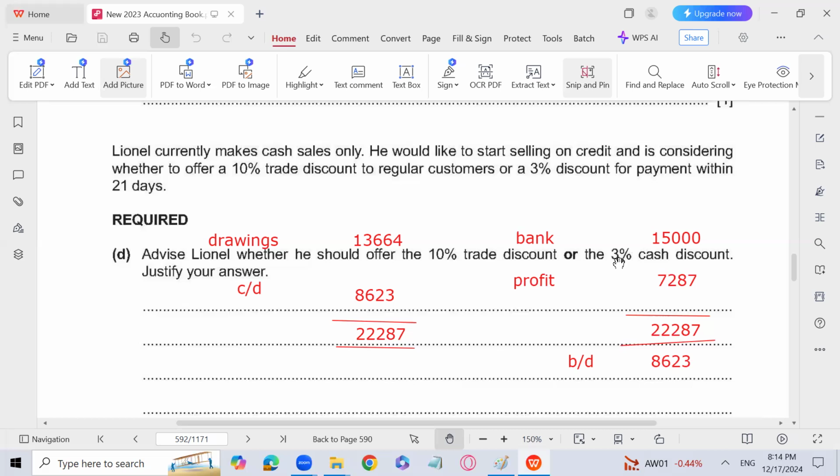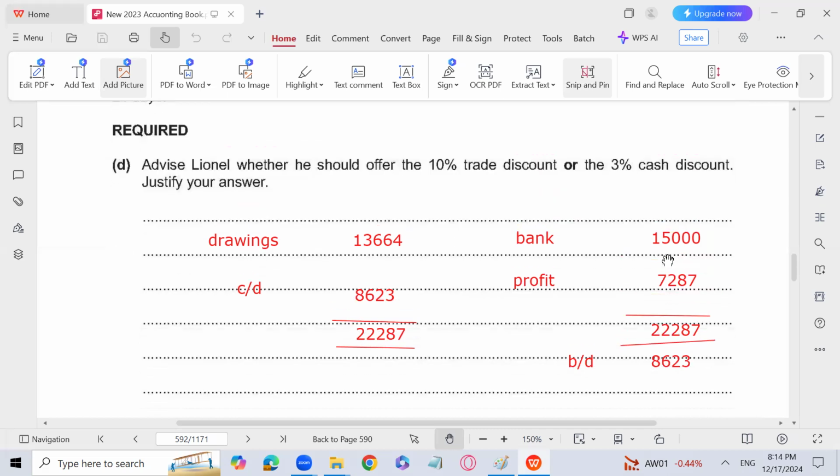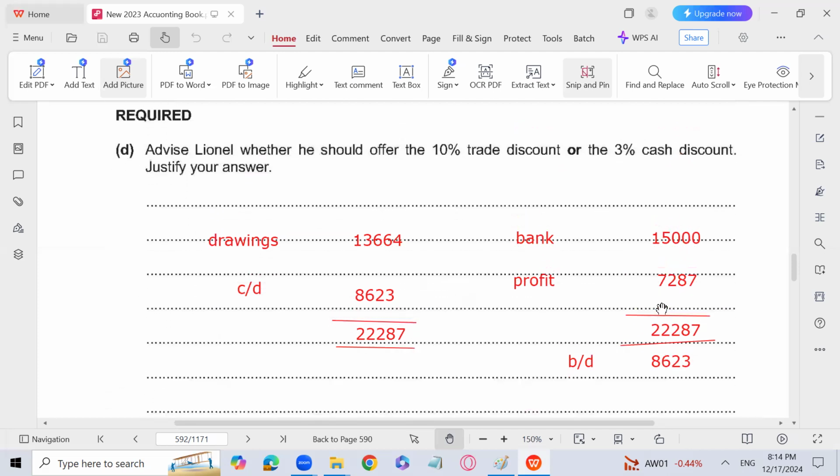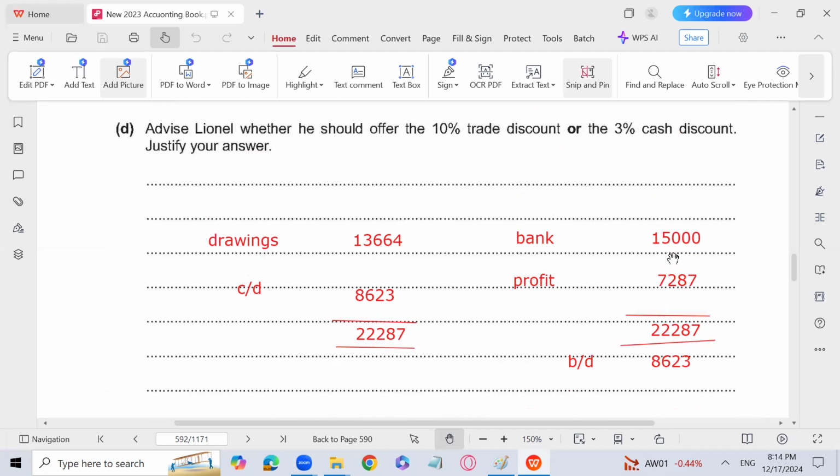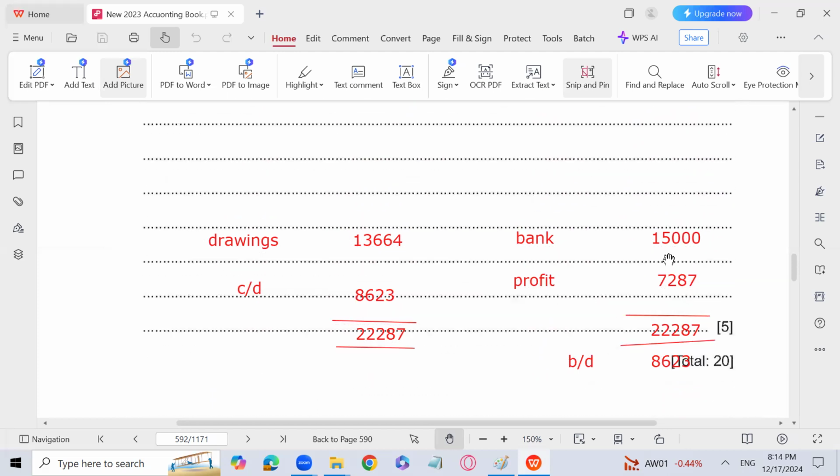a 3% discount for payment within 21 days, he will be able to get the amount early, within 21 days, and the 3% discount will be recorded as an expense. So I think that giving a 10% trade discount to regular customers is fine, and a 3% discount for payment within 21 days. Advise whether he should offer the trade discount or the 3% cash discount. Justify your answer.